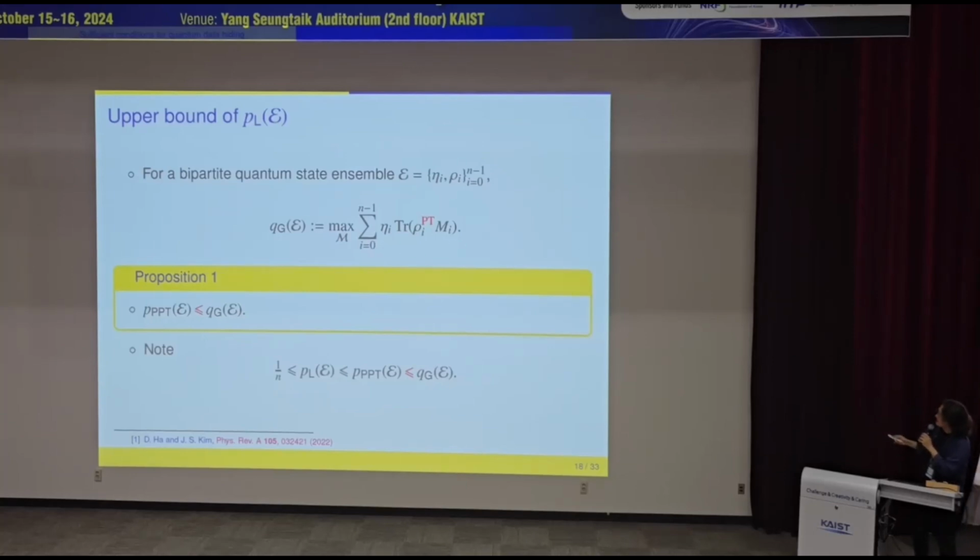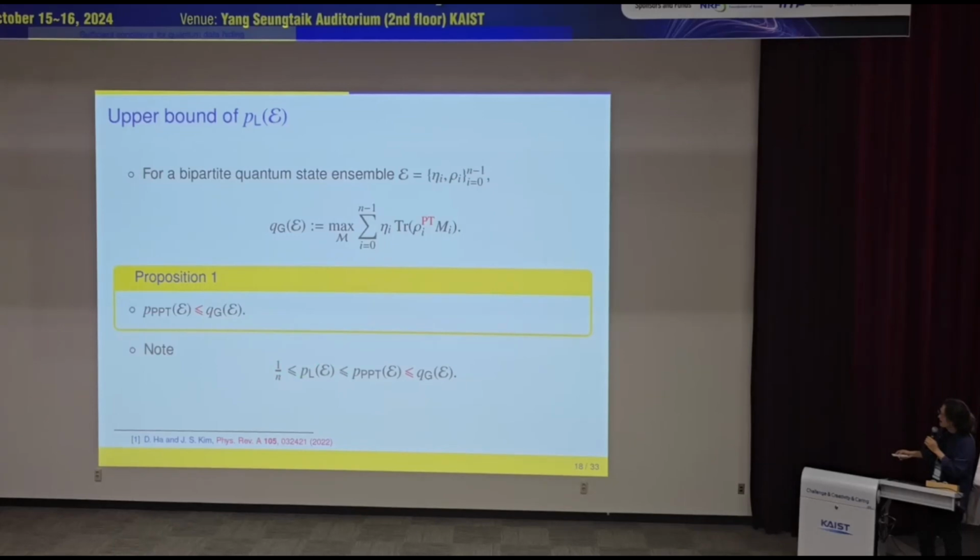For a given state ensemble epsilon, this QG is defined as the maximum average of the inner product of the measurement operator and the partial transposition of rho I. And a couple of years ago, we could show that this is an upper bound of PPT, the maximum over all possible PPT measurements. You can actually easily see why this is an upper bound, but I don't think I have enough time. So anyway, this one is an upper bound for PPT.